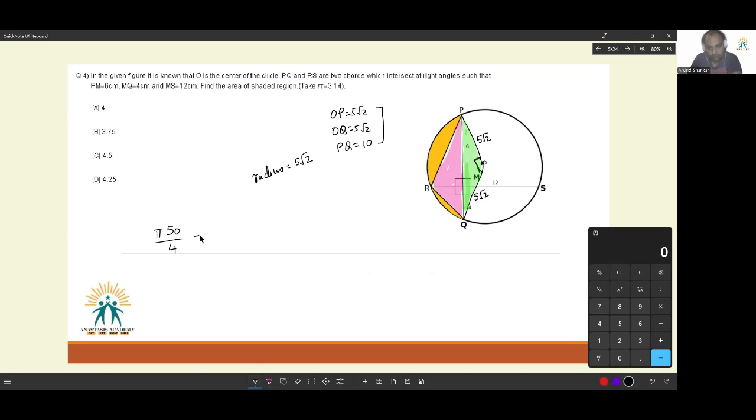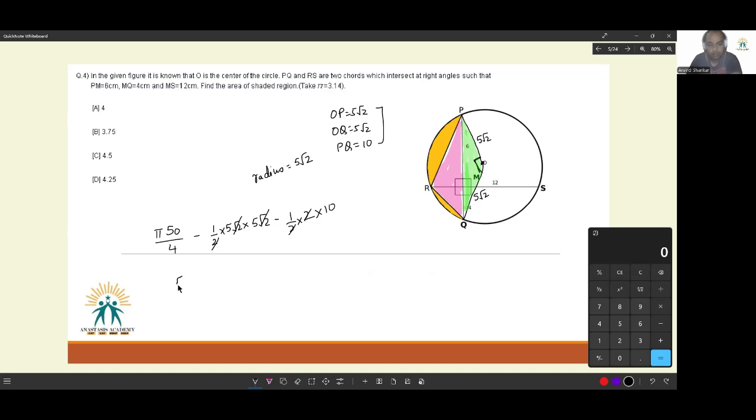So from this, I have to subtract half into 5 root 2 into 5 root 2, and then minus half into 2 into 10. This is what we are going for. So cancel, cancel.